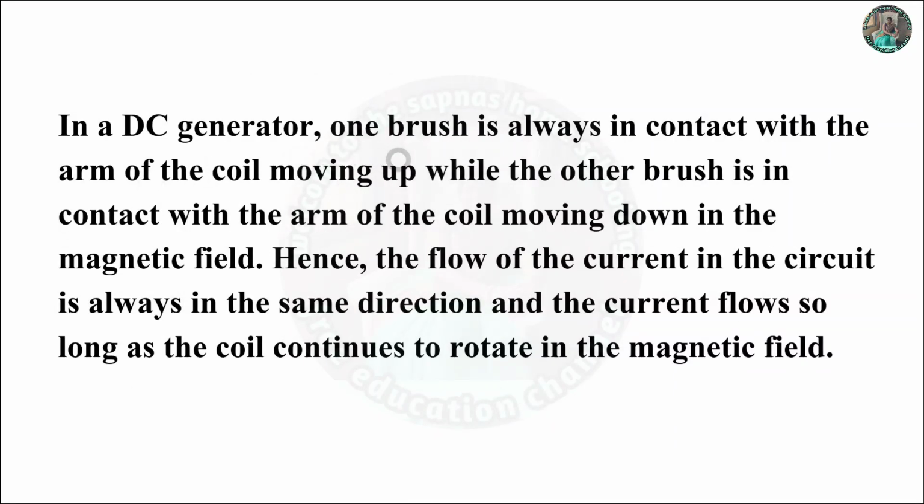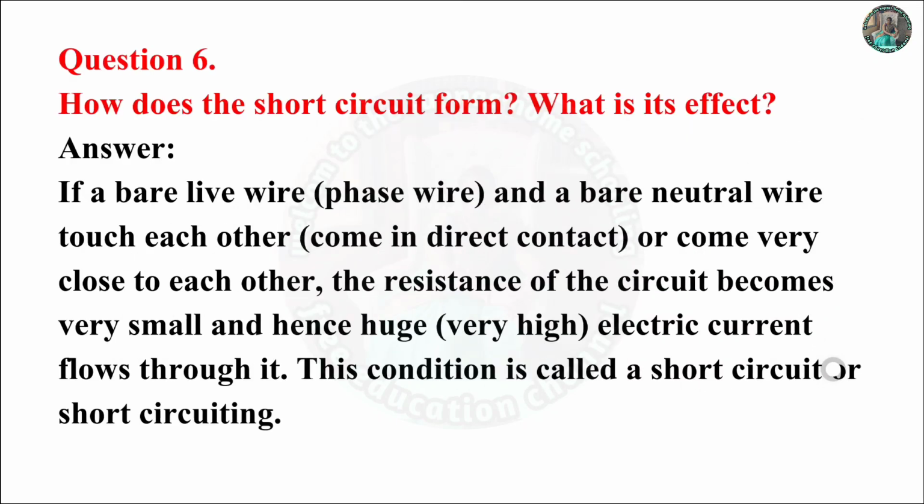In a DC generator, one brush is always in contact with the arm of the coil moving up, while the other brush is in contact with the arm of the coil moving down in the magnetic field. Hence, the flow of the current in the circuit is always in the same direction, and the current flows as long as the coil continues to rotate in the magnetic field.